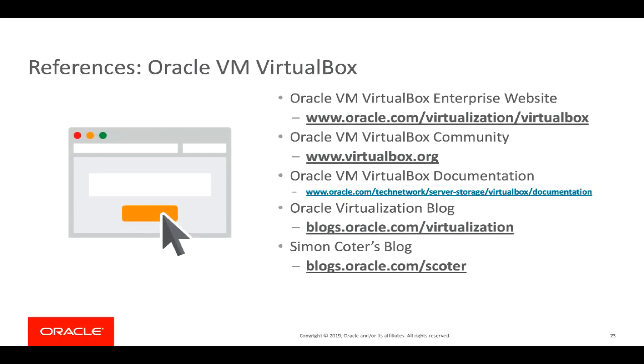Here we have the references for Oracle VM VirtualBox Enterprise, available on the oracle.com website, our huge and good community available on the virtualbox.org website, documentation, and the Oracle virtualization blog, where you can find different announcements related to releases of Oracle virtualization solutions, and also my own blog, where you can find different technical articles dedicated to VirtualBox, Vagrant, Oracle Linux, and even more.